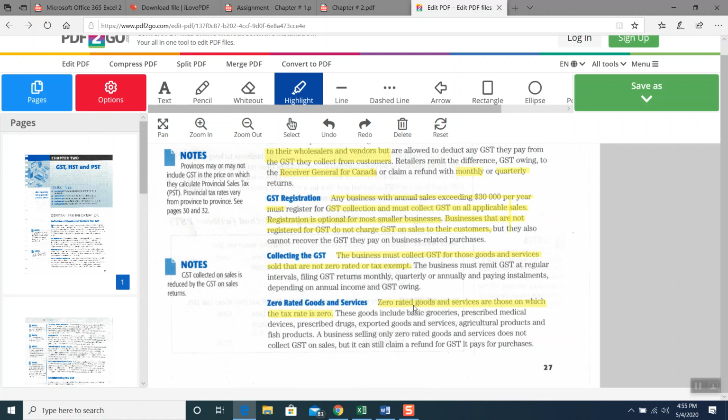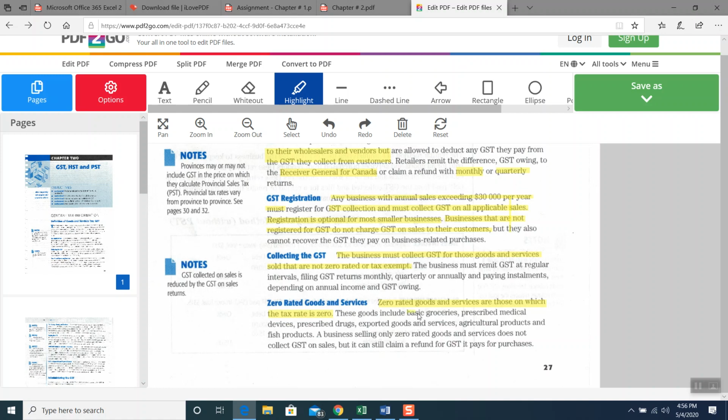So what do you mean by zero rated? Karen, zero rated means a few items which have a zero rate, meaning the government applies tax on it, but the tax rate is zero. So what are these items?